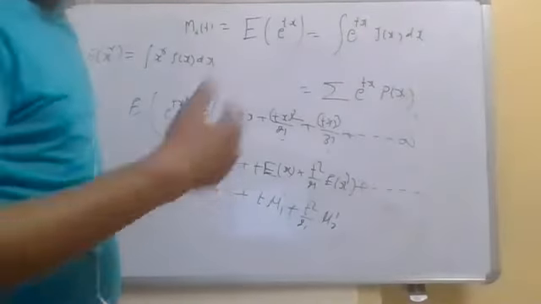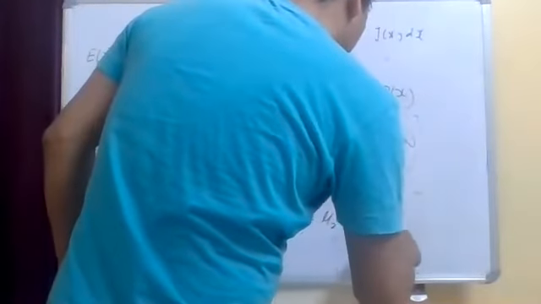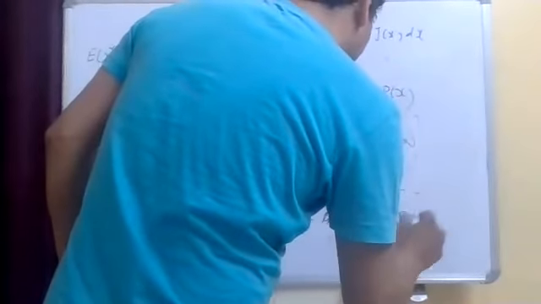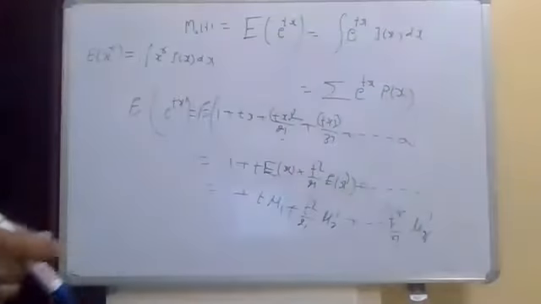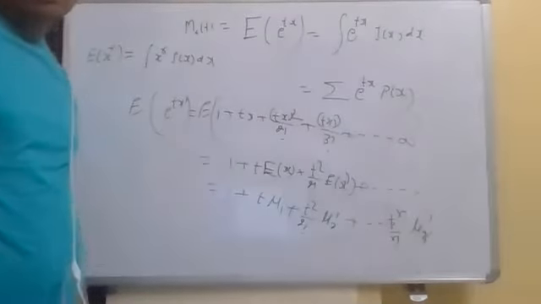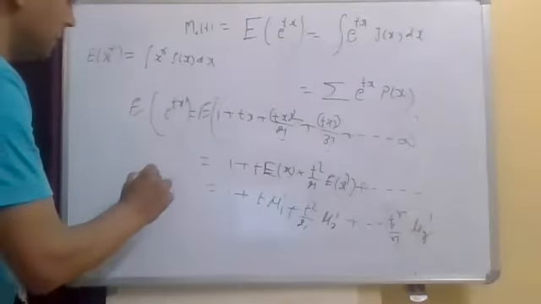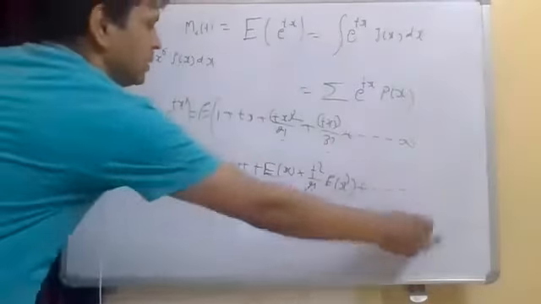Similarly, up to t to the power r divided by factorial r mu r dash. So it's a basic formula, and from this expression we can find some relations.